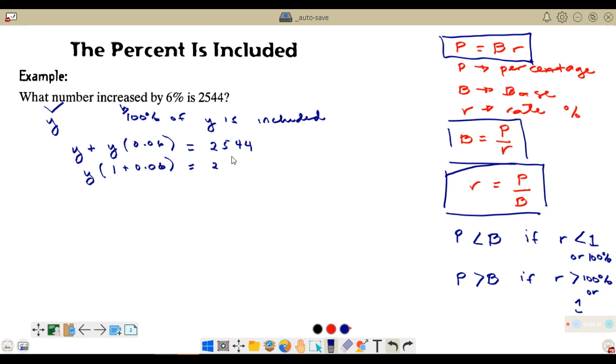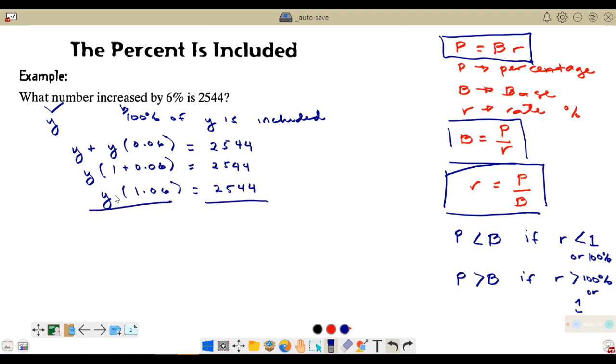It is equal to 2,544. Now, what is 1 plus 0.06? So we have y times 1.06 is equal to 2,544. Divide both sides by the numerical coefficient of y.